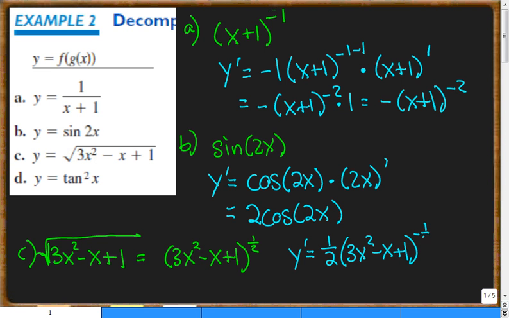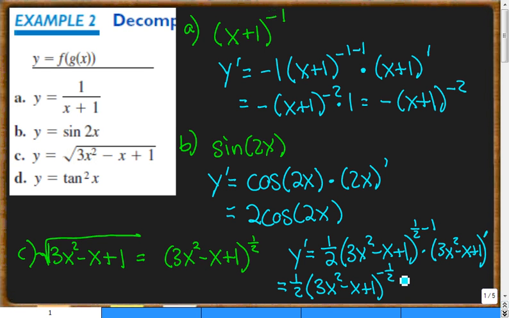We do 1/2 minus 1. But then we have to multiply by the derivative of 3x squared minus x plus 1. We have to multiply by the derivative of it. So if we end up simplifying, we get 1/2 times 3x squared minus x plus 1 to the negative 1/2. And then the derivative of 3x squared minus x plus 1 is going to be 6x minus 1.